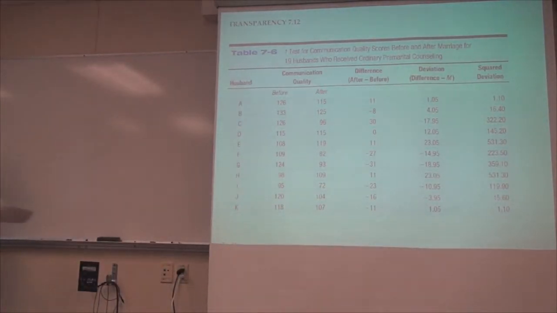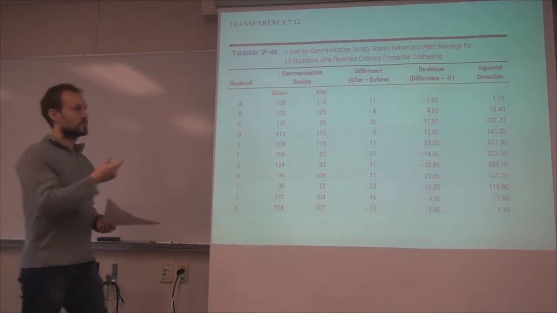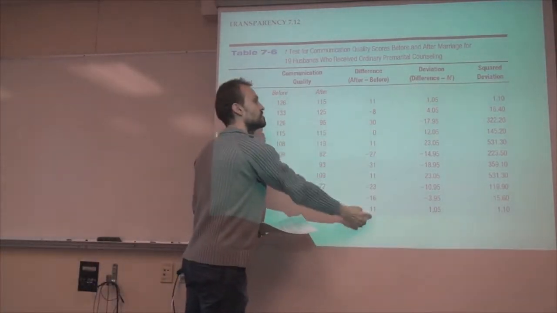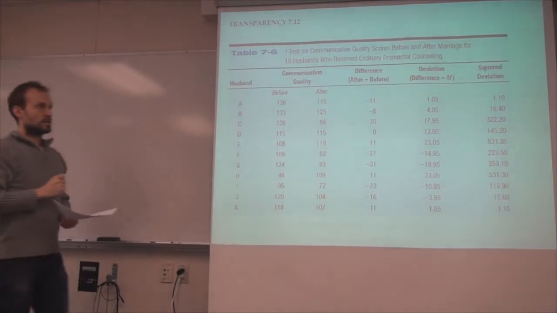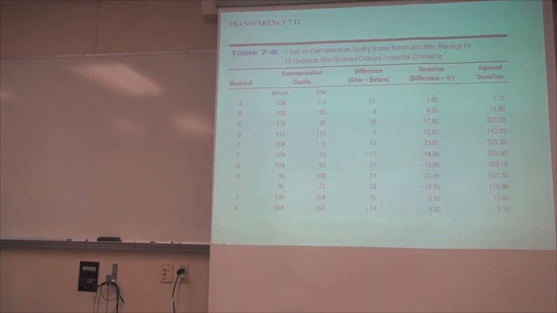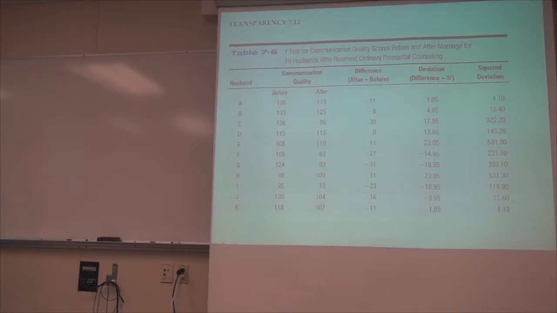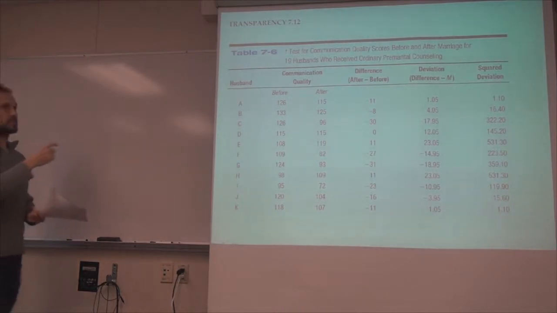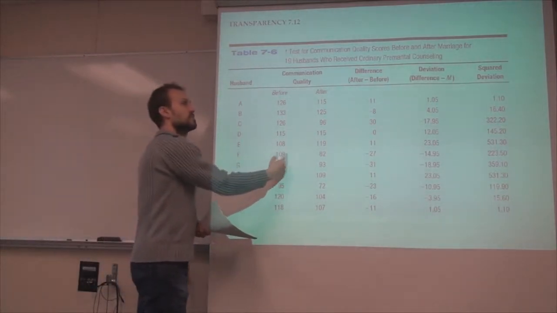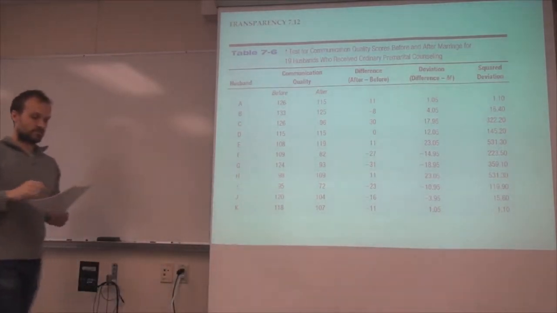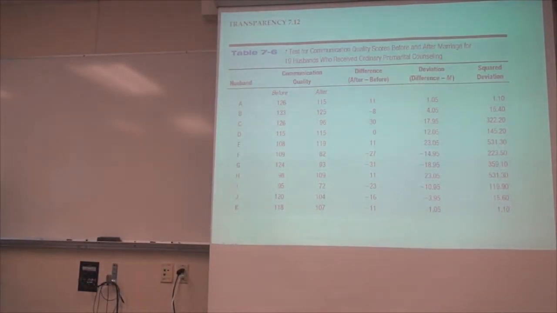I'm trying to see if the sample mean of difference scores is significantly different from zero, because zero would indicate there's no change. Is it different, and is it significantly different, to conclude that there is a change in the before and after for the whole population?